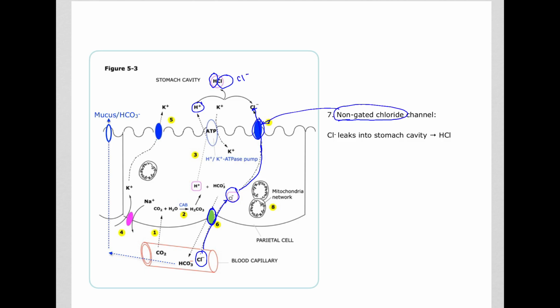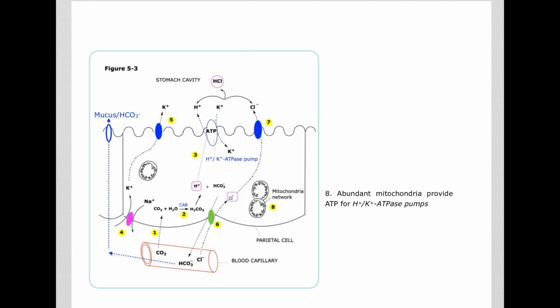So the chloride gets out through the non-gated chloride channels and appears in the stomach cavity. So we have the H+, we have the chloride minus, and this will give us hydrochloric acid. Now the parietal cells have a very large, extensive network of mitochondria, many abundant mitochondria, and that makes sense because of these pumps here that require a lot of energy.